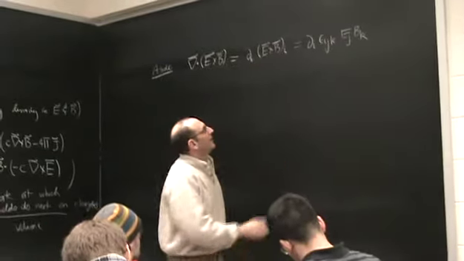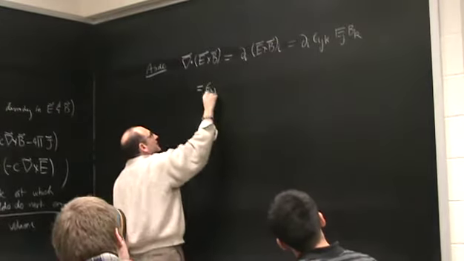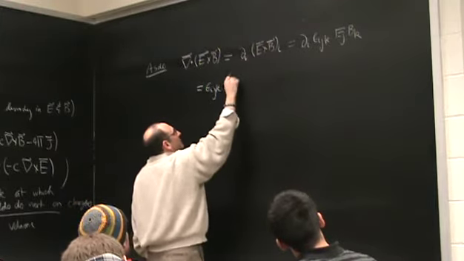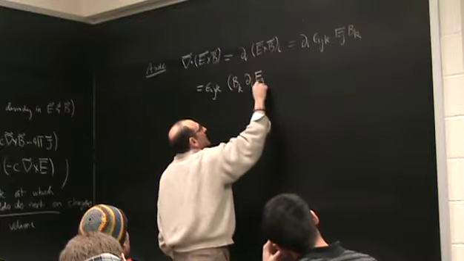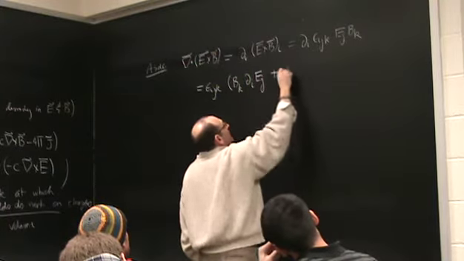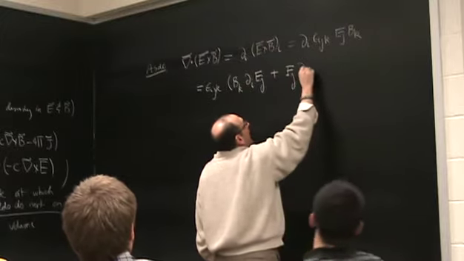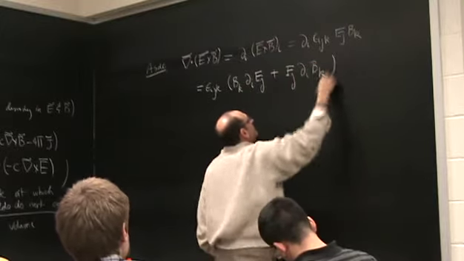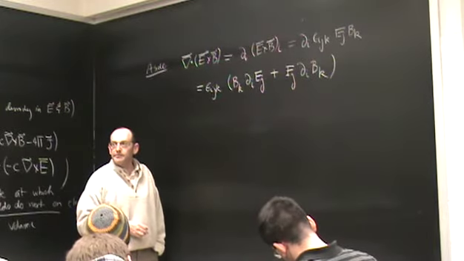Epsilon ijk is a constant, goes through the derivative, and I get B k partial i E j plus E j partial i B k. All right?